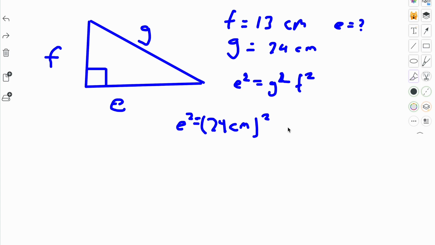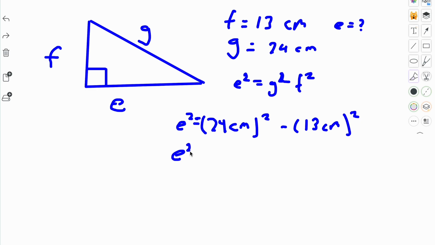Minus, our F is 13 centimeters, so 13 centimeters, and then squared. Right now we have this, and then you can square it, you can do it in your head, you can use a calculator, depending on what your teacher lets you do.